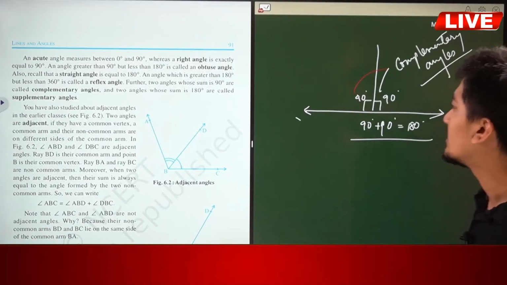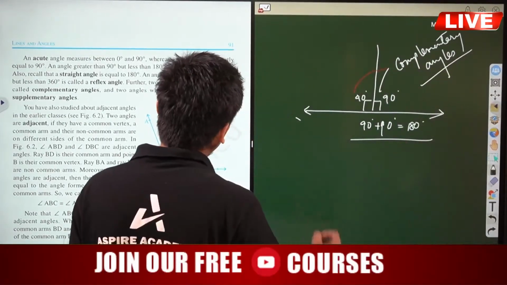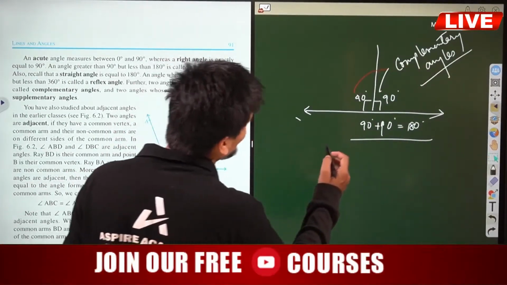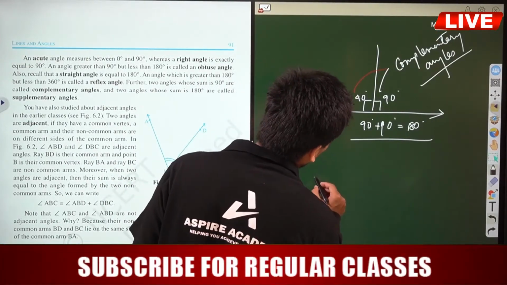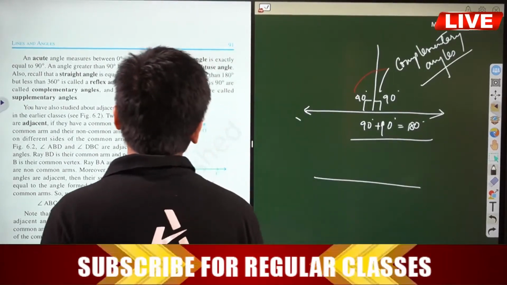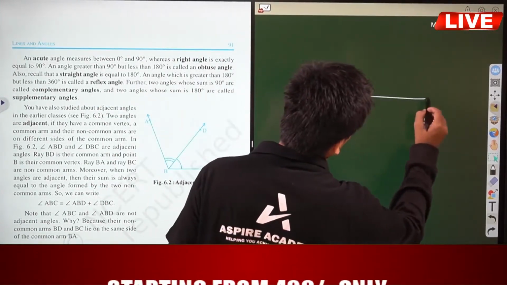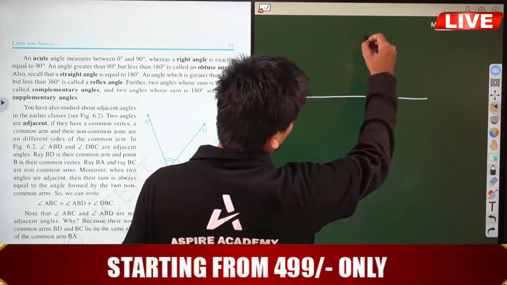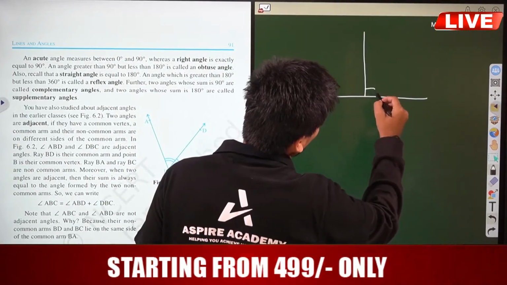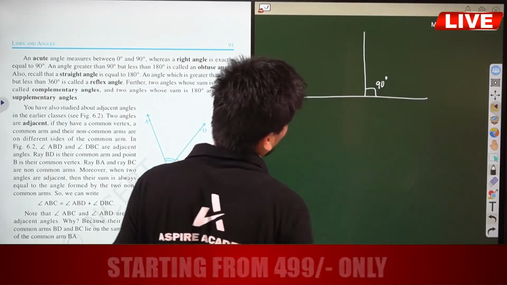Okay, but if two angles whose sum is 180 degrees, now see, if this is a straight line and say this part is 90 degrees, right?